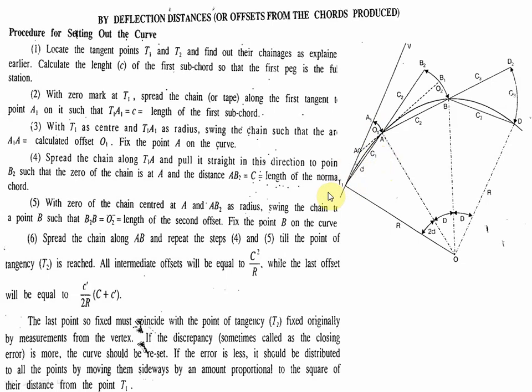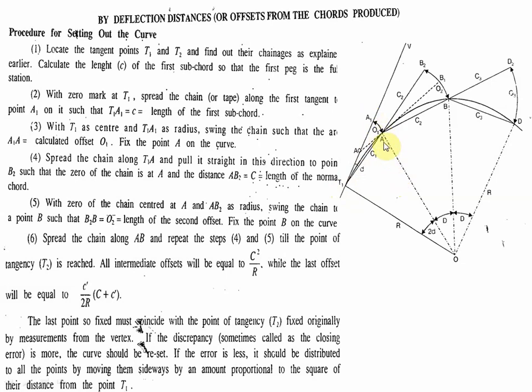Okay, so next what you have to do is, with this T1 as a center and T1A1 as the radius, swing the tape or chain in this direction to mark the point A.